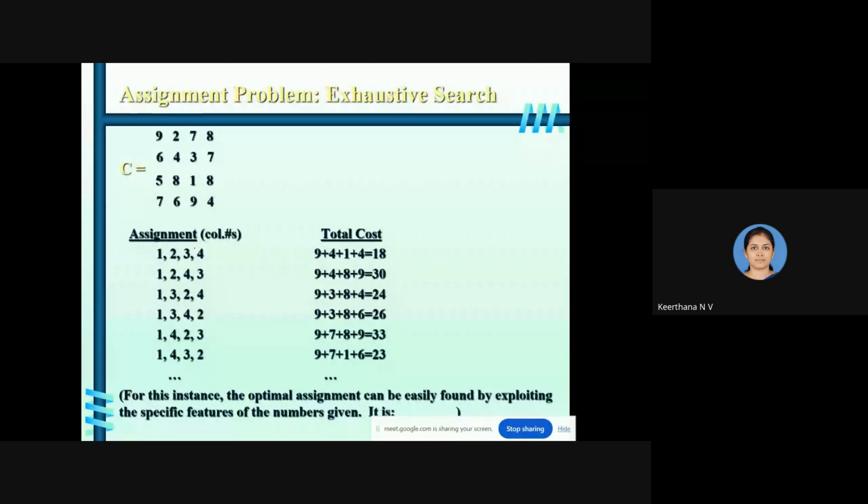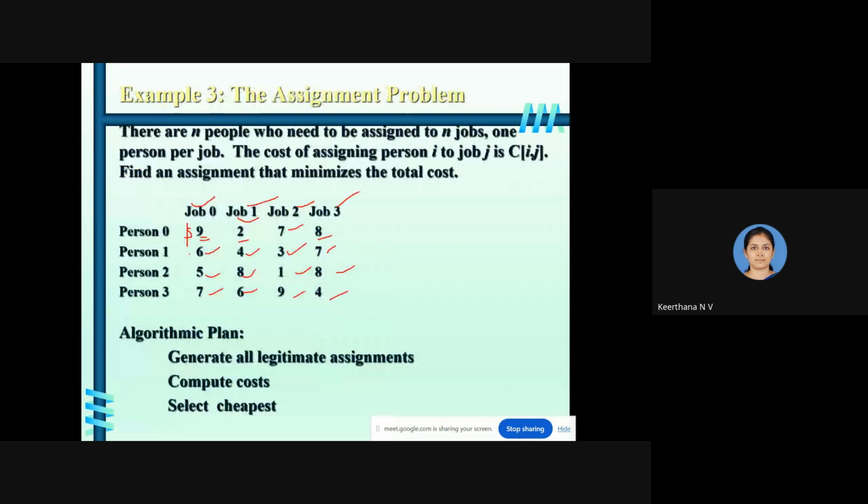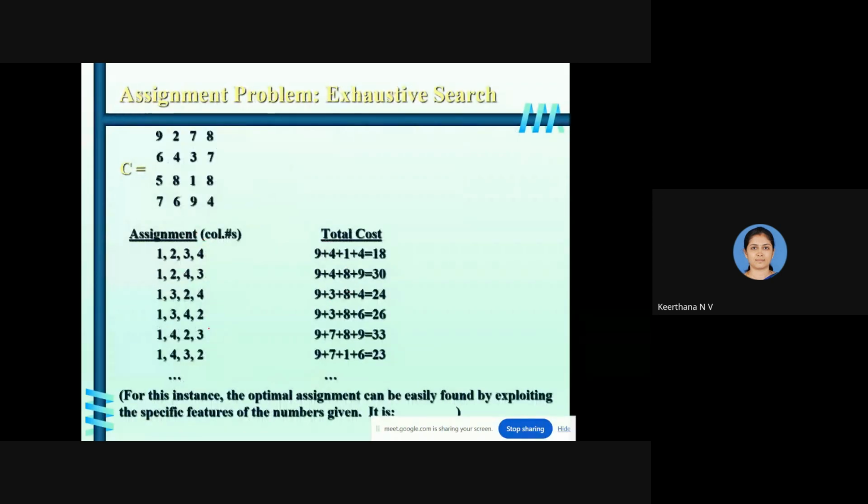Here I'm taking a matrix form, so I will represent it as a matrix. I will take the assignment combinations as 1, 2, 3, 4, which means these are the jobs. So I have these possible combinations. Suppose 1, 2, 3, 4 is one possible combination, and again 9, 4, 8, 9 is one possible combination pair.